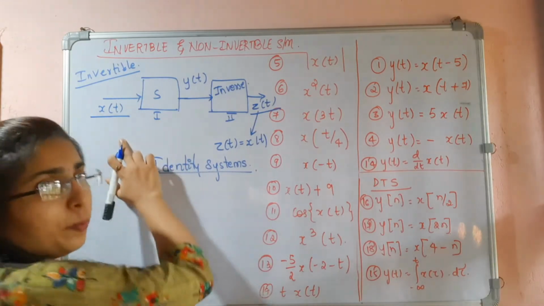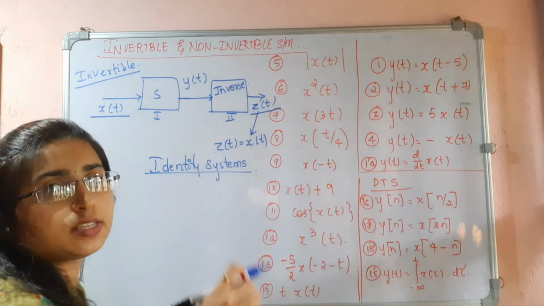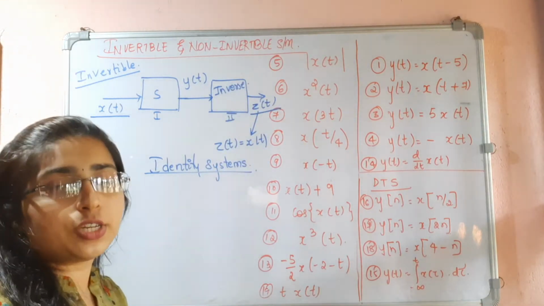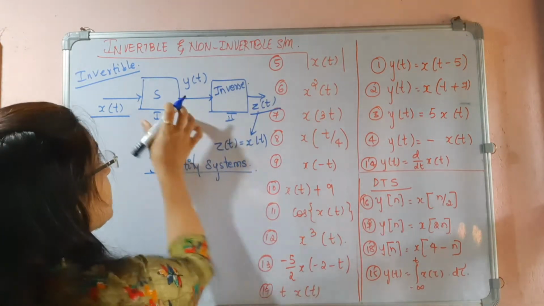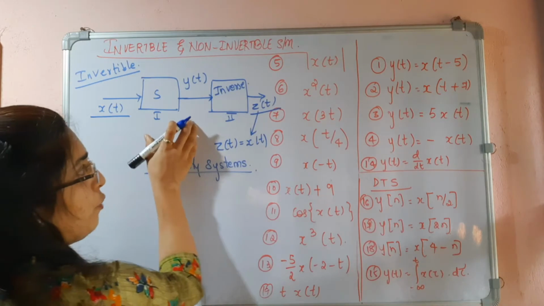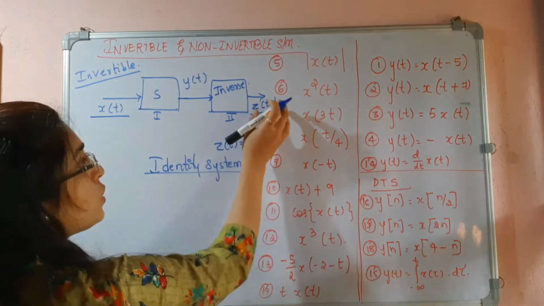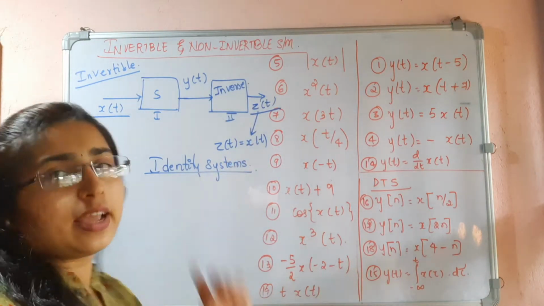Now what does the inverse system do? Its job is to undo the operation which was performed on the signal x of t. Whatever operation was performed will be undone by the inverse system, so we get the original signal x of t.